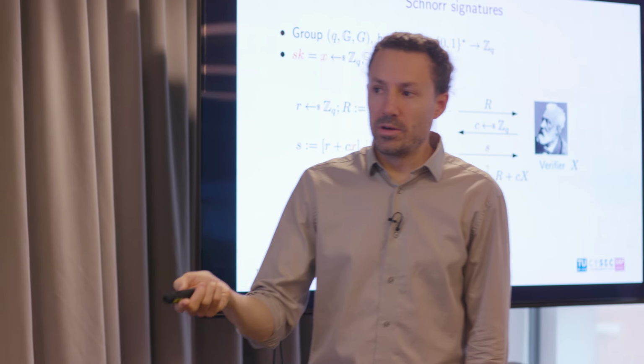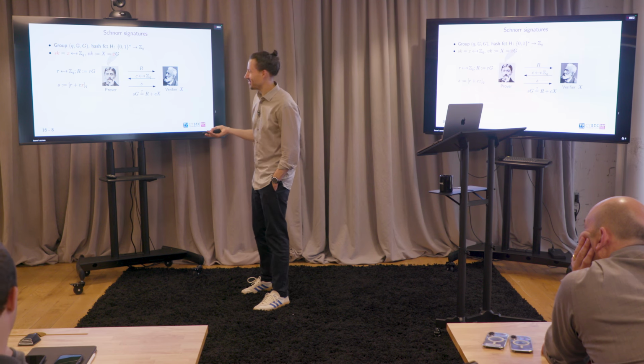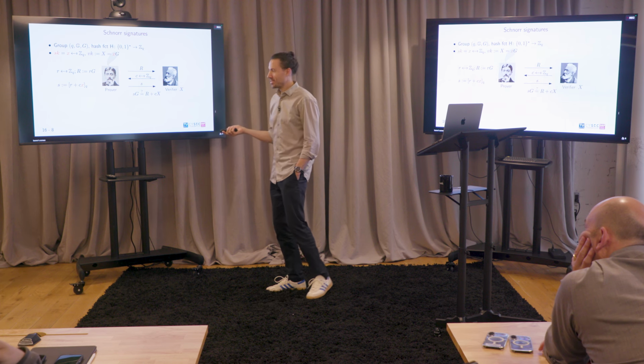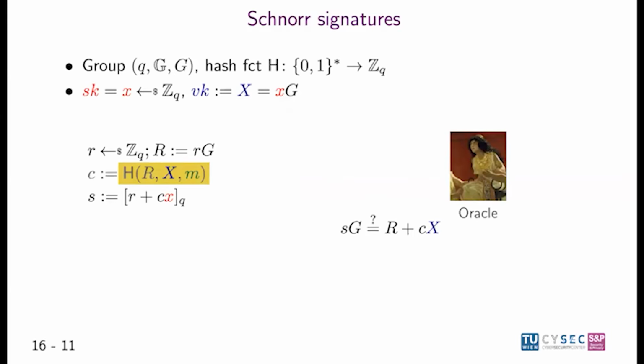Okay, so how do you turn this into a signature scheme? Generate c from a hash. Exactly. Use the Fiat-Shamir transform, use a random oracle to generate this challenge value c, or in real-world implementation, use a hash function. So the signer just runs this protocol on its own, and instead of waiting for a verifier challenge, it creates it using a hash function on the first protocol message and also the message.